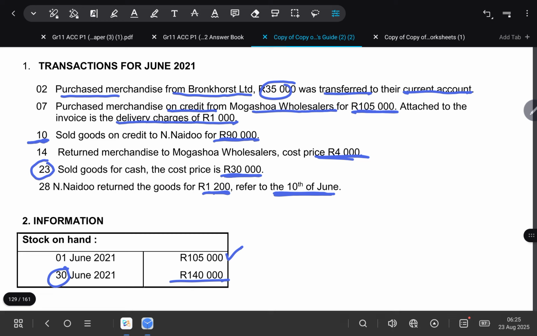Now, I want you to take these 2 minutes to think, how are you going to record the transaction that took place on the 10th, on the 23rd, and then also on the 28th. I want you to think about what you are going to do with that information.